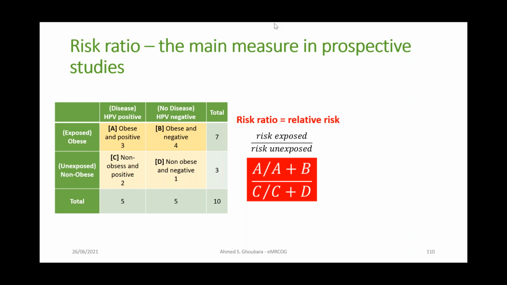I have a whole slide for this, but it is very important because it does come up a lot in the exam. What is the main measure of association in prospective cohort studies? It's the risk ratio, relative risk, because we start with the exposed and non-exposed, so this will be our concern.